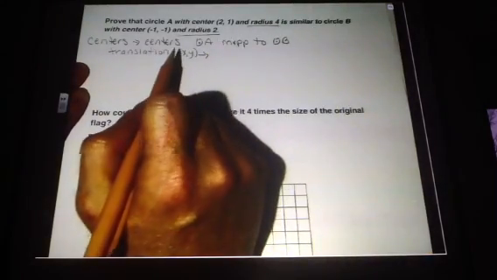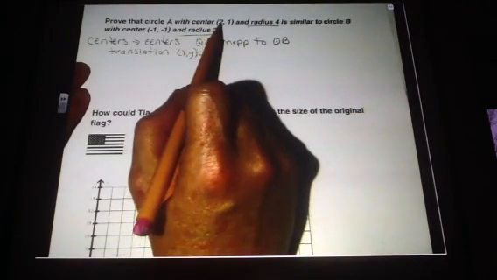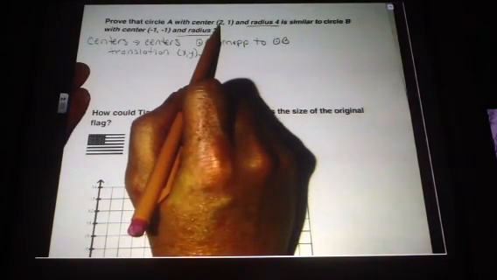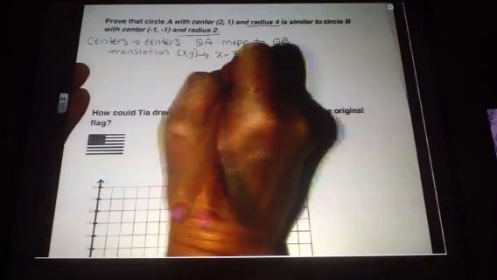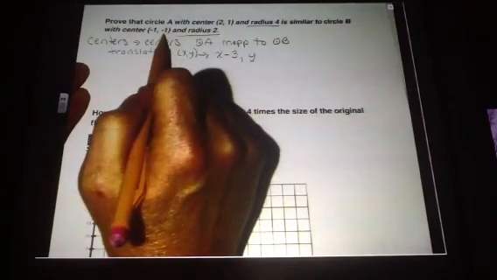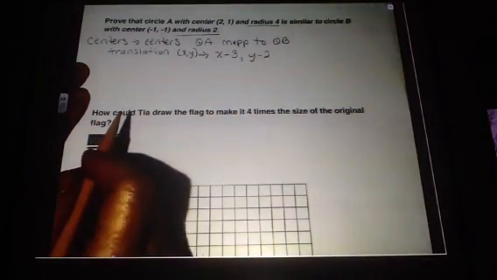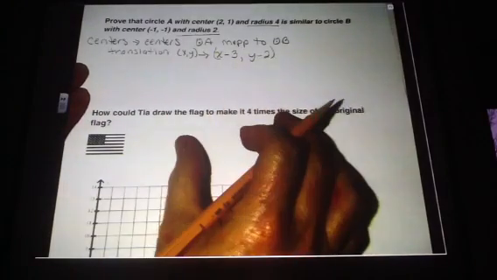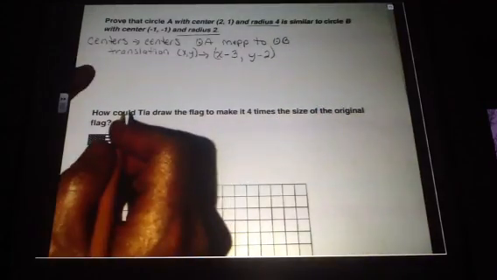All right, so how do I get from 2 to -1? So that's left 3. And then how do I get from 1 to -2? That's left 2. Okay, once we've lined up their centers, we can compare the radiuses.